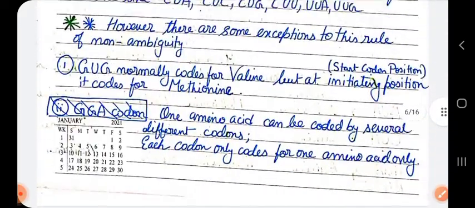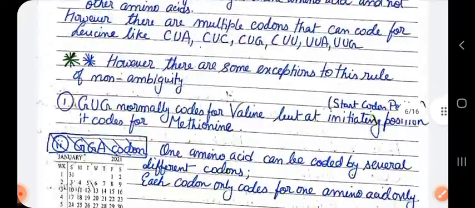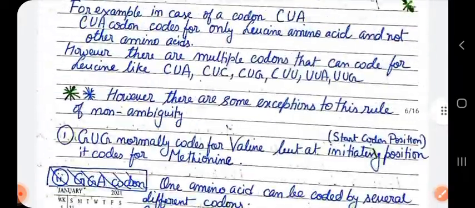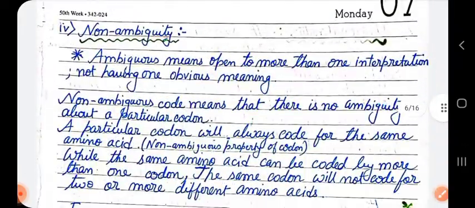Next is non-ambiguity. What does non-ambiguity mean?